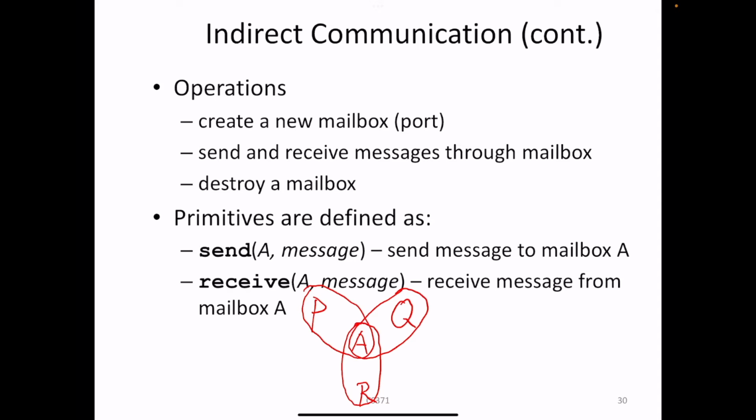Later, processes Q and R want to communicate with another process, S. The operating system will create another mailbox, mailbox B. Then processes Q, R, and S can communicate with each other through mailbox B. It's something like this.